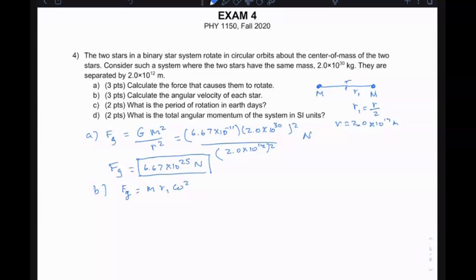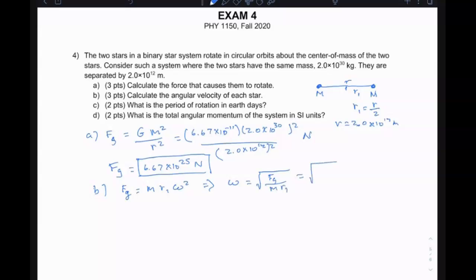So from this expression, we see that omega squared is equal to f sub g over m r1. So omega is equal to the square root of f sub g over m r1.